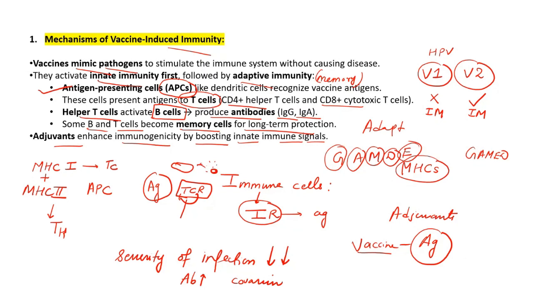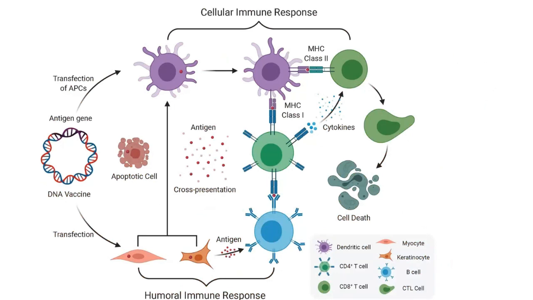Now move further. See, this is a beautiful diagram of the cellular immune response. Suppose we are administering a nucleic acid vaccine like a DNA vaccine. Nucleic acid vaccine can mean an mRNA vaccine, an RNA vaccine, a recombinant DNA vaccine, and a lot more.